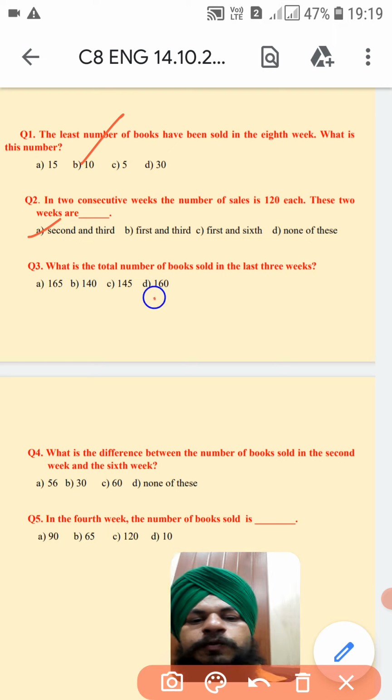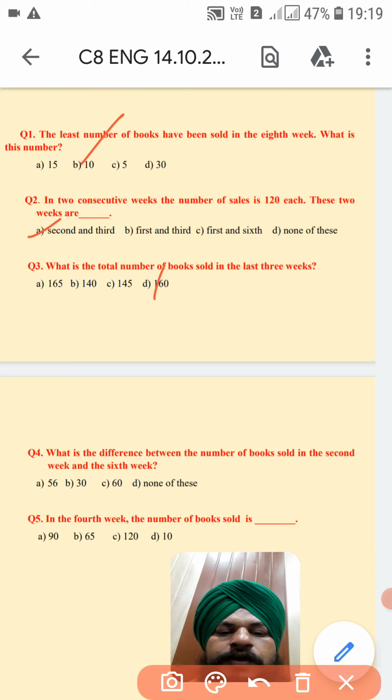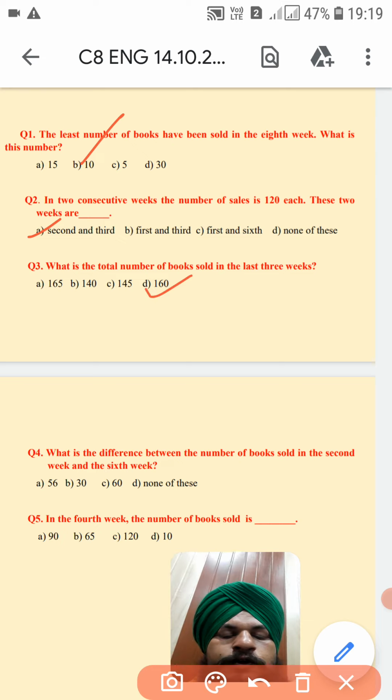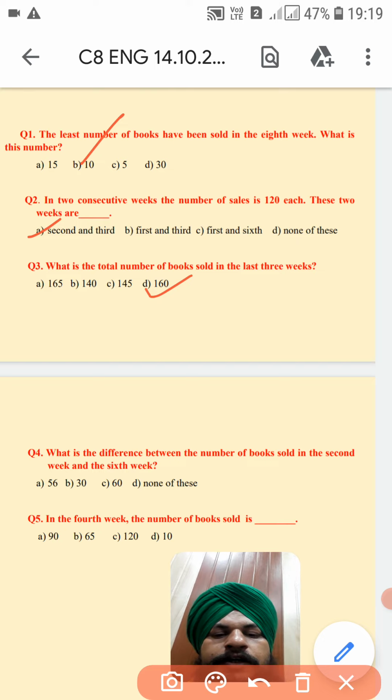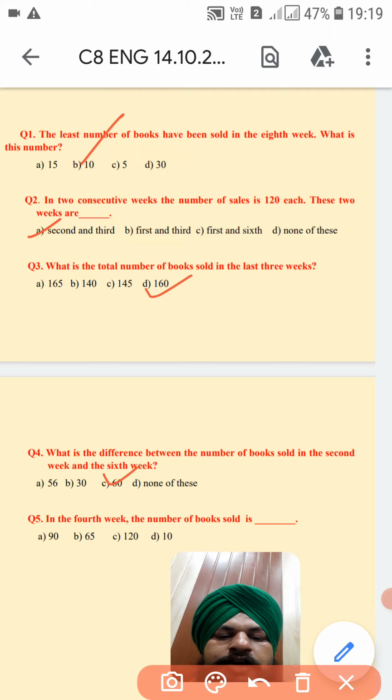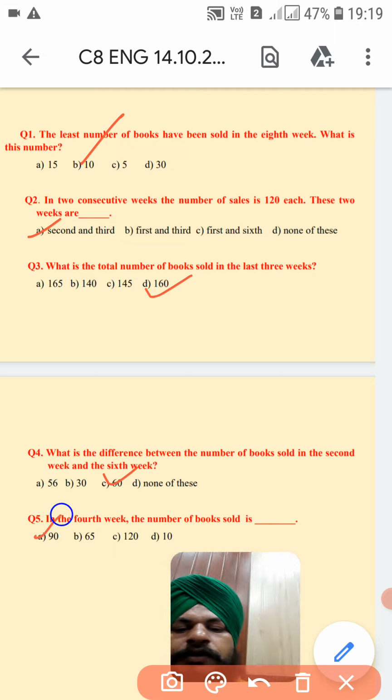That is 160. What is the difference between the number of books sold in the second week and in the sixth week? The difference was 60 books. And the last question, fourth week number of books sold is 90 books.